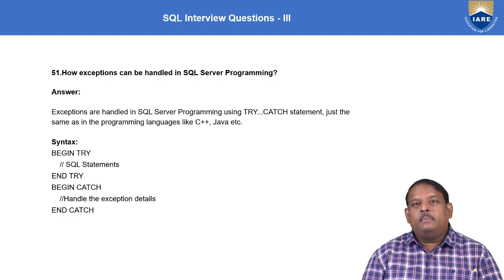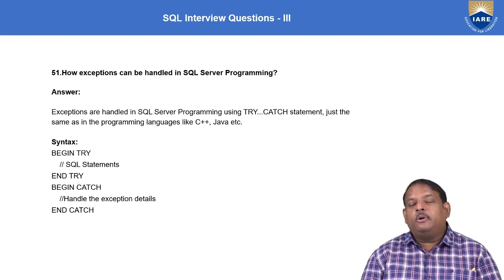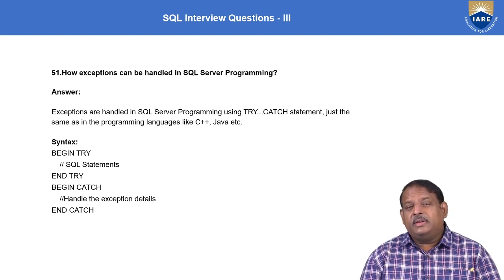How can exceptions be handled in the SQL programming language? We know that there are TRY CATCH blocks. Using these TRY CATCH blocks, you can do the exception handling.